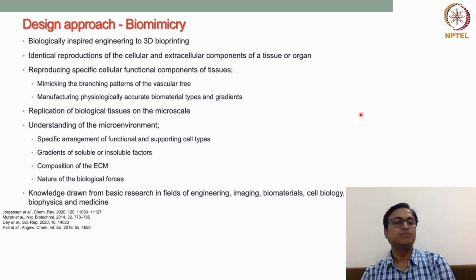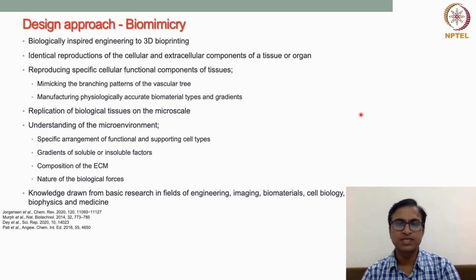Another thing is manufacturing physiologically accurate biomaterial types and gradients. Many times, in certain tissues or organs, a certain type of gradient is present. That can be a material gradient, a chemical gradient, or a growth factor gradient.